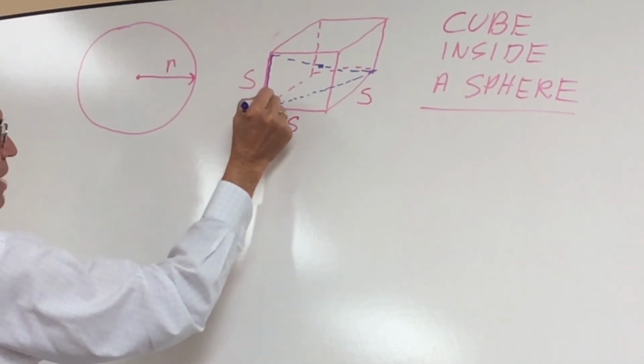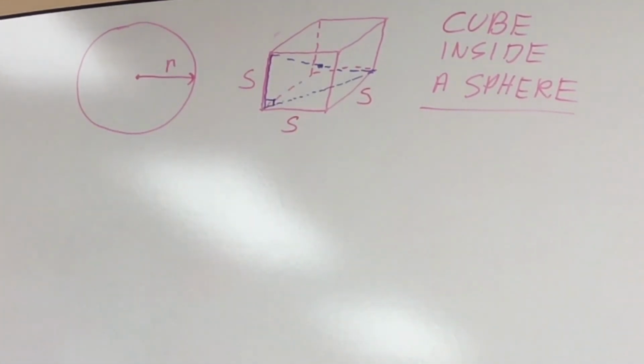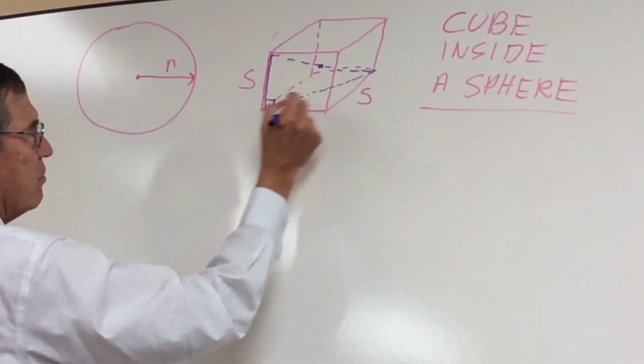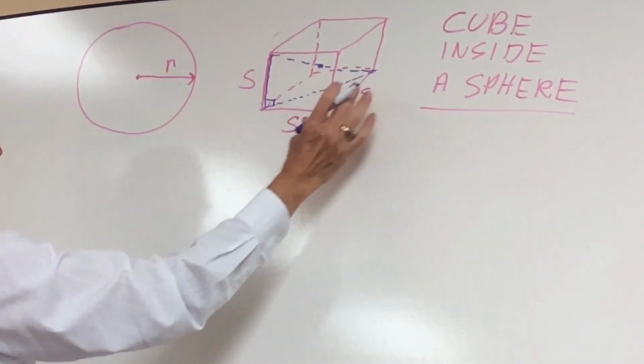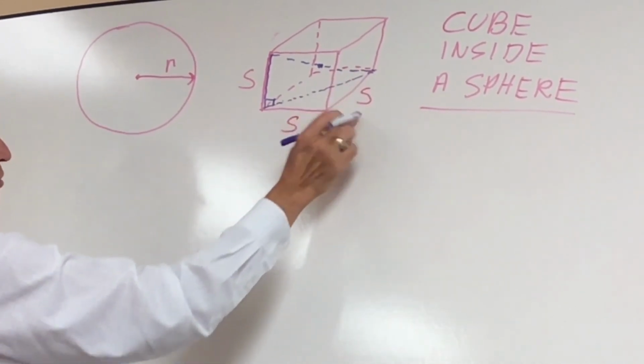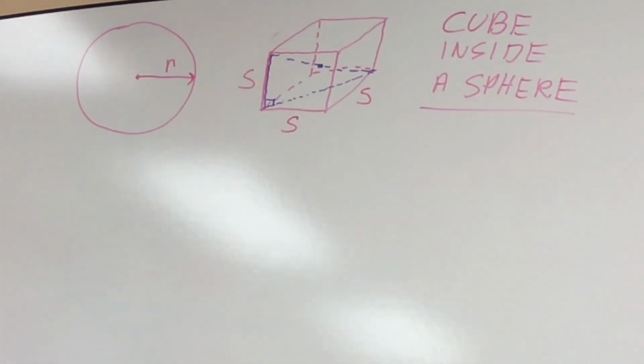Now we know this is a right angle, so that's going to be a right triangle, so that's nice, all right? But how do we find this dotted line across here that is the diagonal of the square S on each side? Well, we know how to do that too.